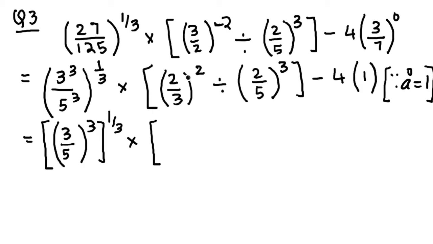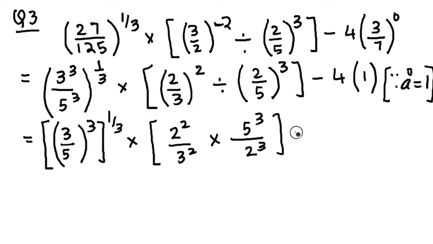Either we'll say that 2 to the power 2 will be divided by 2 to the power 3, and so it will be 2 to the power 2 minus 3. But I prefer to write like this, so it's easier not to make mistakes. Okay, so here it is going to be division, means it is going to be now 5 to the power 3 upon 2 to the power 3, and minus 4 into 1 is 4.